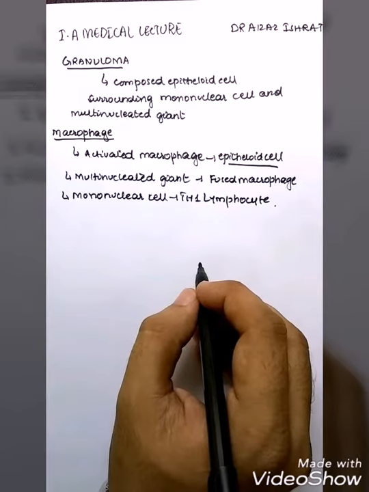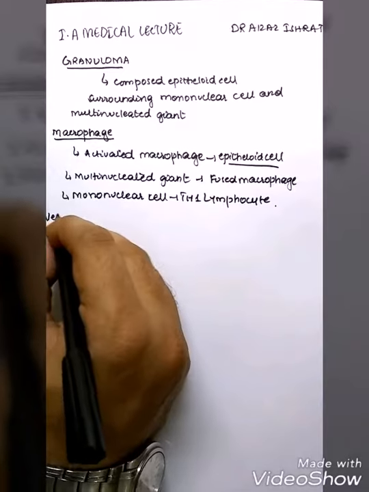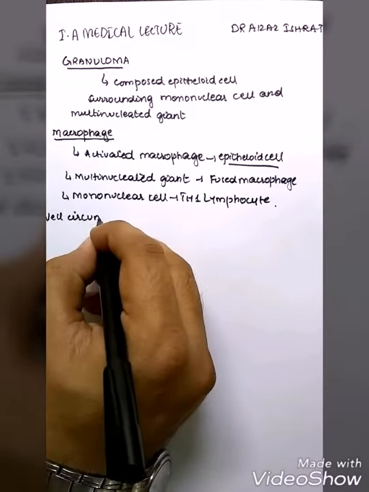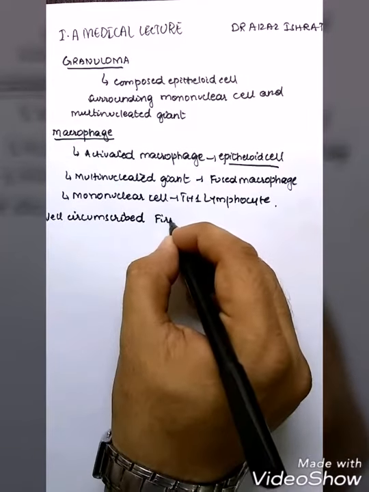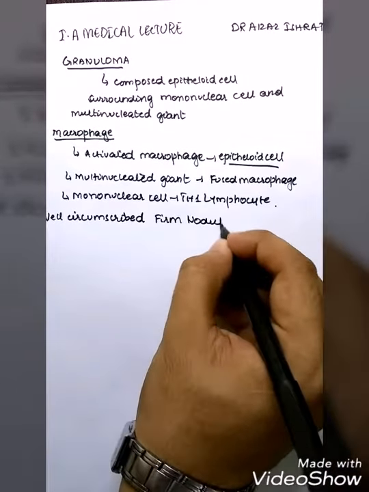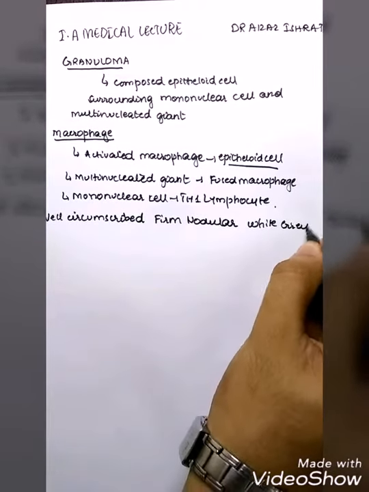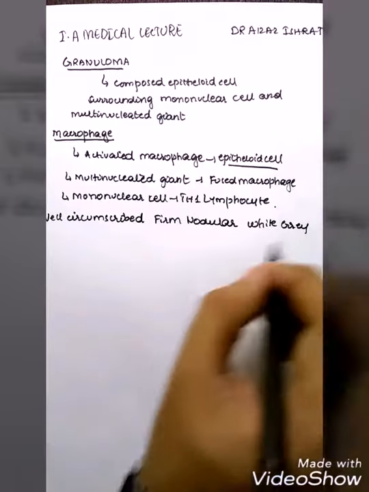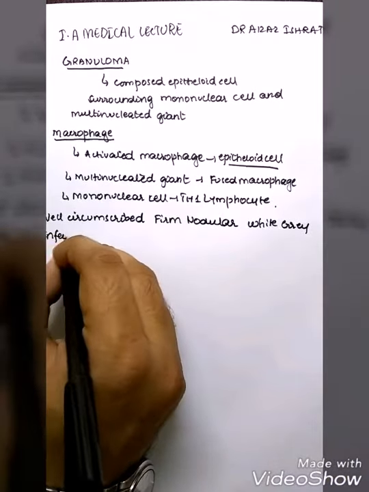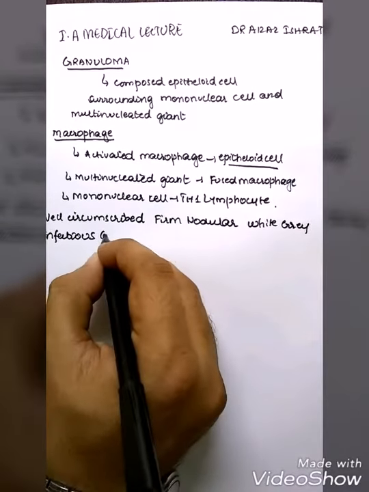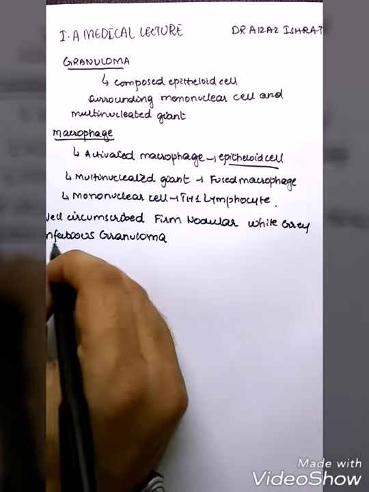Now if I go further, what a doctor thinks about the granuloma is that it is well circumscribed, firm, nodular, white-grey. So the doctor describes granuloma like this, and we know that there is infectious granuloma, and there is granuloma which is non-infectious.